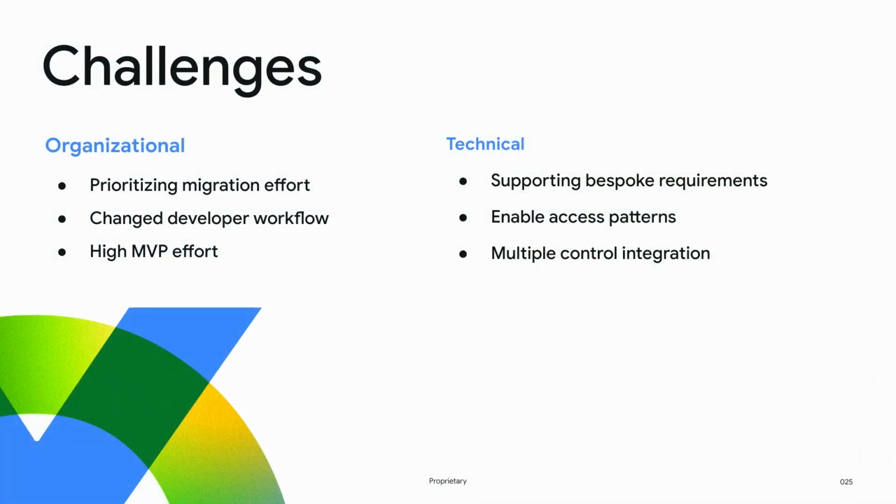Another challenge was to enable different access patterns. We talk about operator access. There was network access for the services running on this platform. Accessing the control plane, Sagi mentioned that, where we configured an authorized network for GKE behind our authenticating proxy.